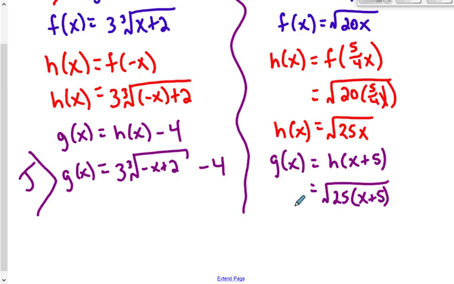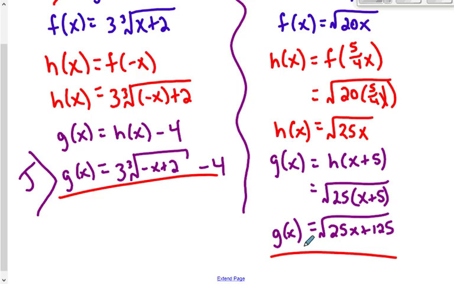You have to put that in parentheses, which means you have to distribute. 25 times x is 25x, and 25 times 5 is 125. That right there is probably the main spot where most of you missed it. So that answer should be C, and y'all probably put B.